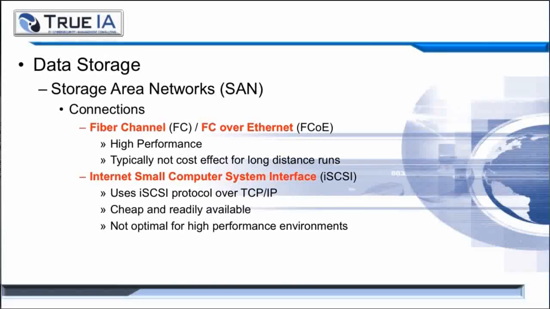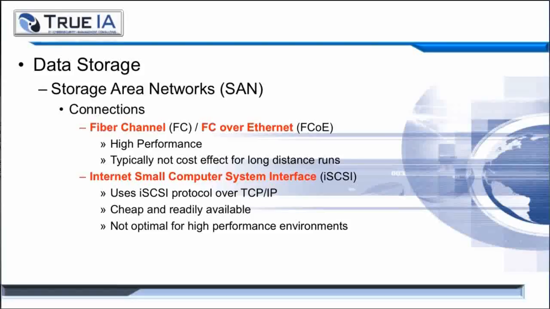Next, let's talk about storage, starting with SANs, or storage area networks. Two primary ways to connect a SAN, either with fiber channel or fiber channel over Ethernet, which is the most popular today, or iSCSI, or Internet Small Computer System Interface.